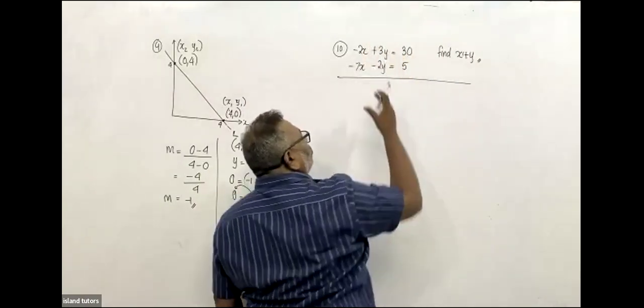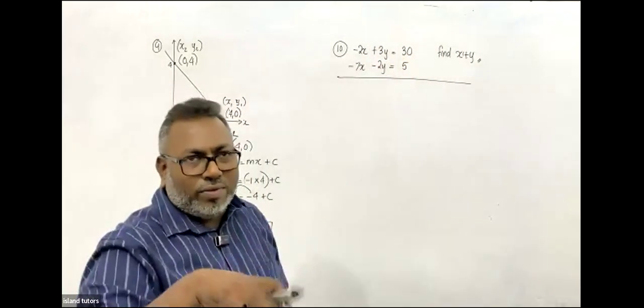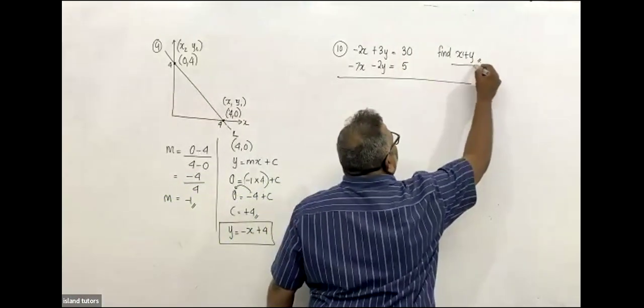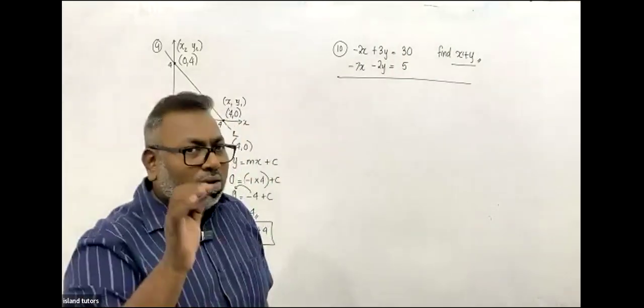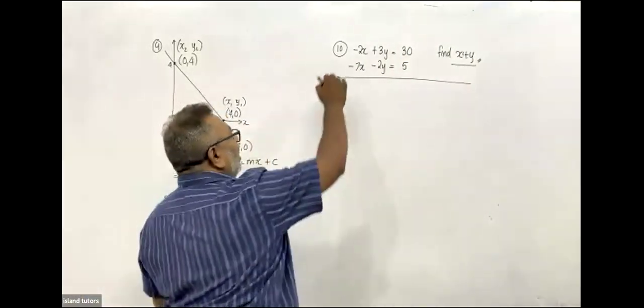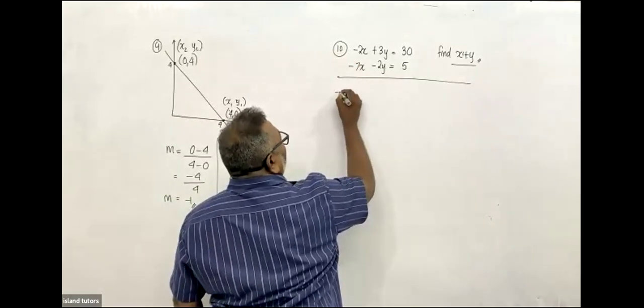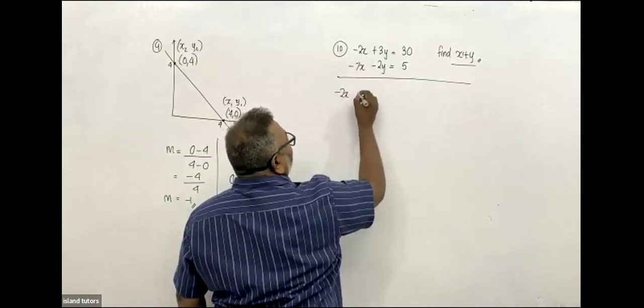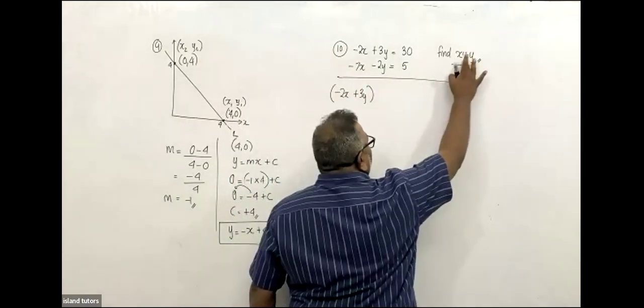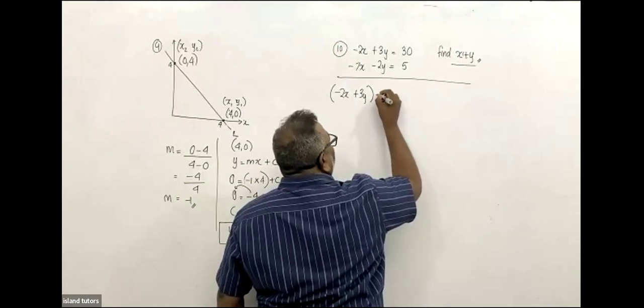So what you do is to do the opposite of plus, which is subtraction. And let's see, straight away we'll find x plus y instead of finding x first and y first. Okay, so x plus y you'll find out by taking minus 2x plus 3y. Since we want plus over here, we'll do the opposite.